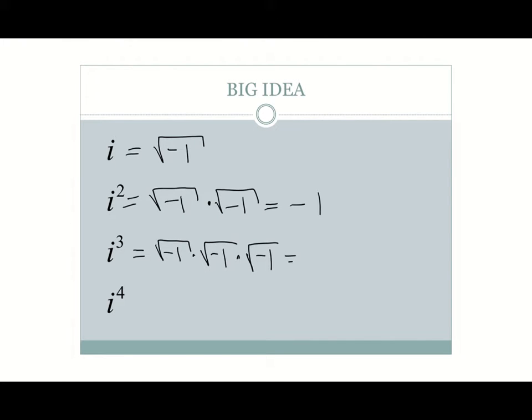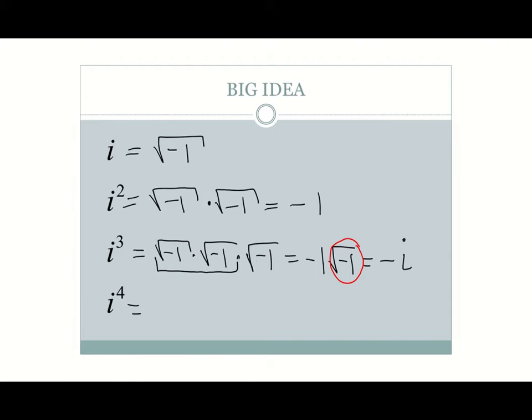So the first two give us negative 1 times the square root of negative 1, which gives us negative 1 times i, because the square root of negative 1 is i.